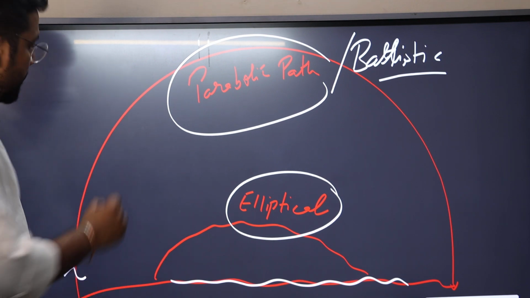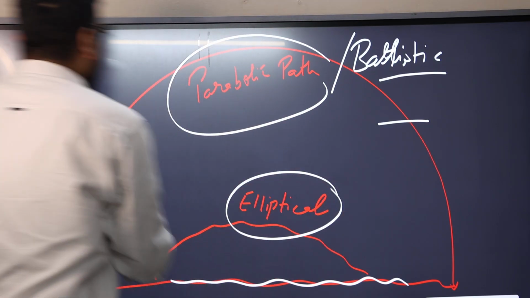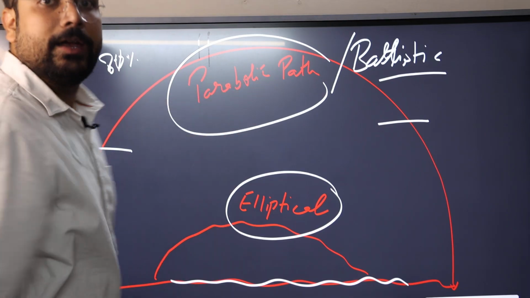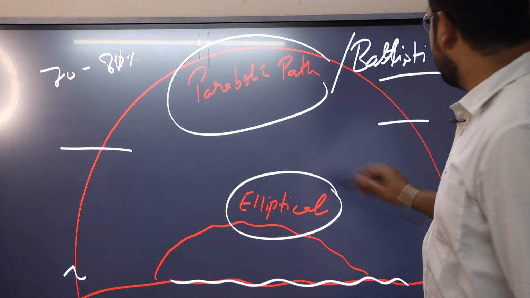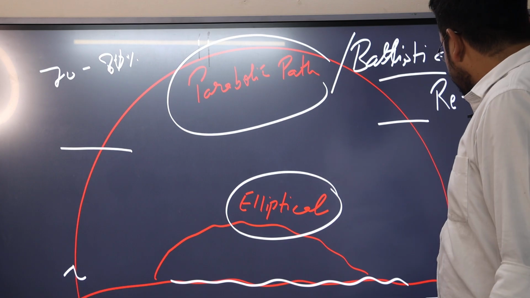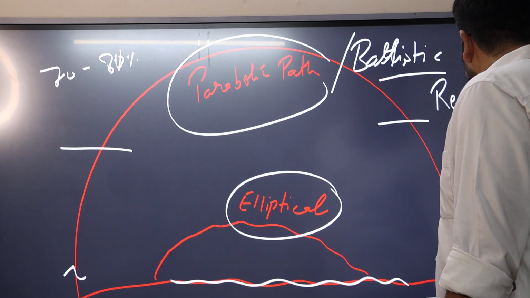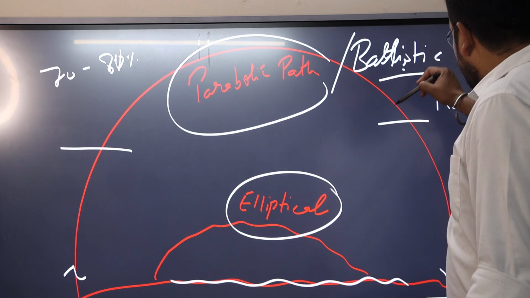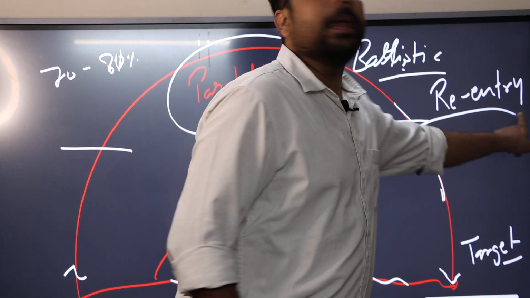Once after the launch, it will reach beyond the atmosphere, and approximately 70 to 80% of its journey is covered out of the atmosphere, in the exosphere. And at the end, at the target that has to be hit by that particular missile, the missile will again re-enter the atmosphere, and this technology is known as re-entry technology.